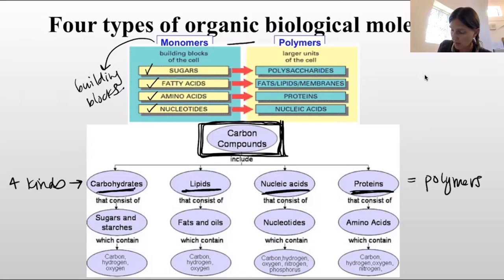Remember, when you're going in this direction, you're making polymers through dehydration synthesis reactions. When you're breaking down polymers in this direction, you go through hydrolysis reactions. All right, and that's it.